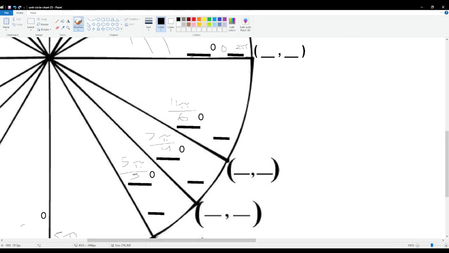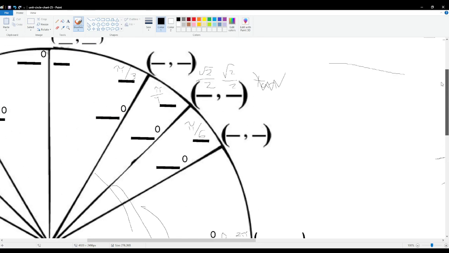Now x is positive, so it's root 2 over 2, negative root 2 over 2. Those are all your coordinates for 45s, which is really easy because it's divided by 4. Once you see that, all you have to do is figure out where on the unit circle it is, and then figure out which ones are negative.